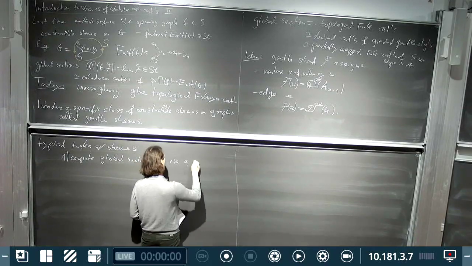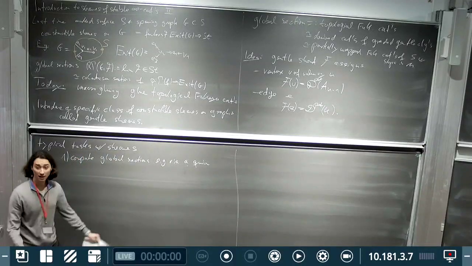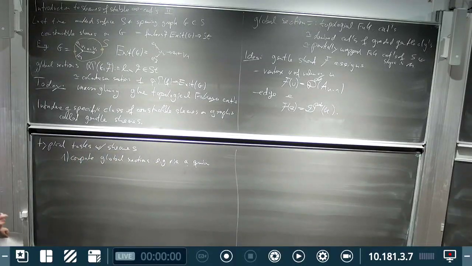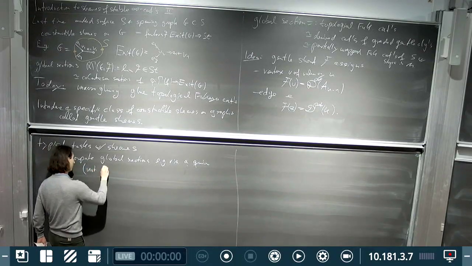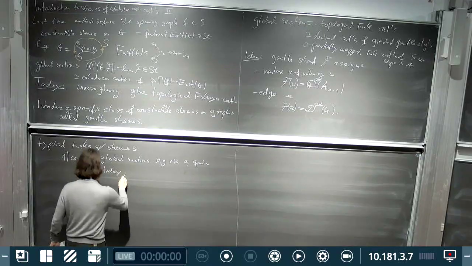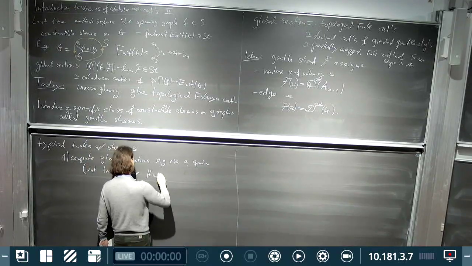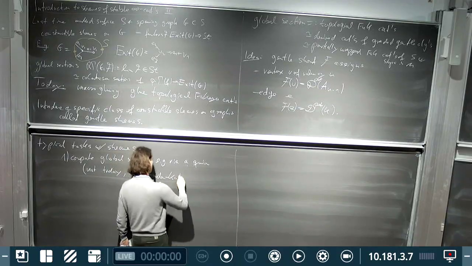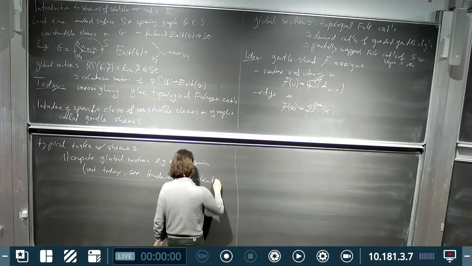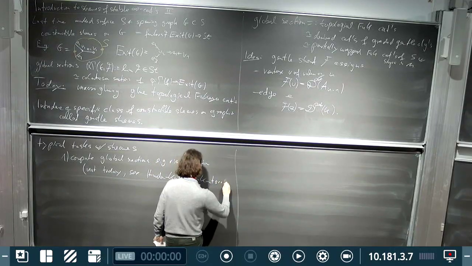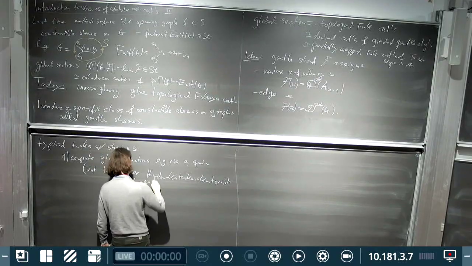This is what I spoiled already, that the global sections will be graded gentle algebras. We will not discuss this today, probably not at all in this lecture course. This was proven by Kontsevich for gentle sheaves.